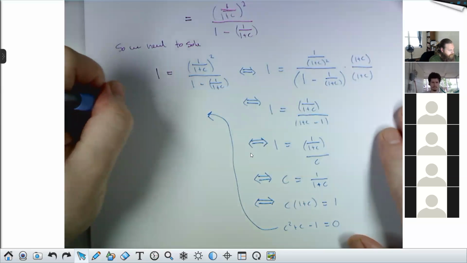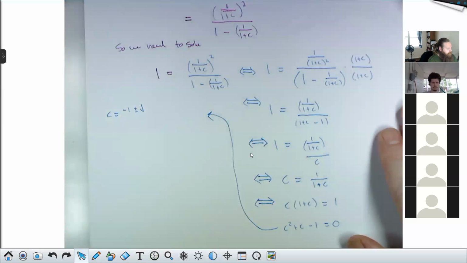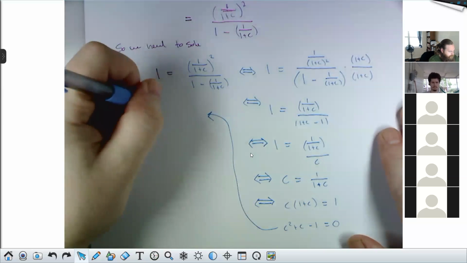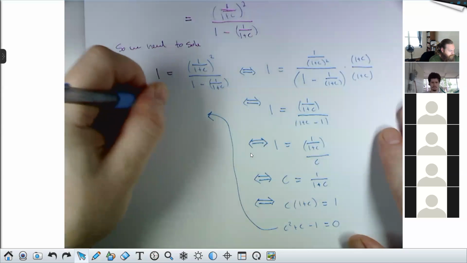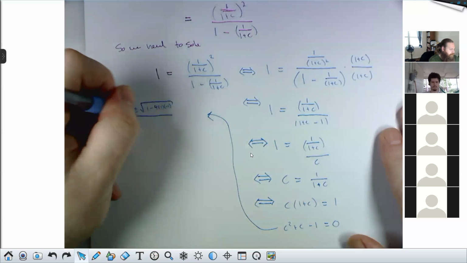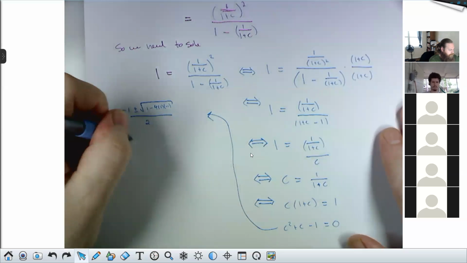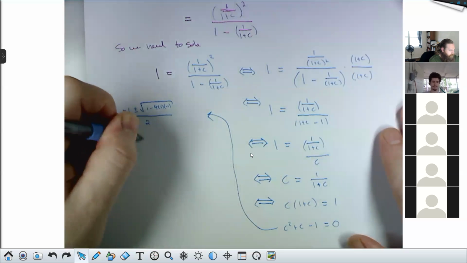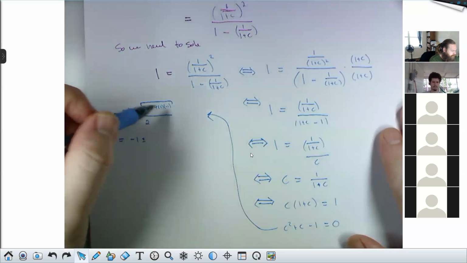So c is equal to -b plus or minus the square root of b squared minus 4 times 1 times -1, over 2. Yeah, this is going to involve the golden ratio, I believe. So that's -1 plus or minus the square root of 1 minus 4 times -1.